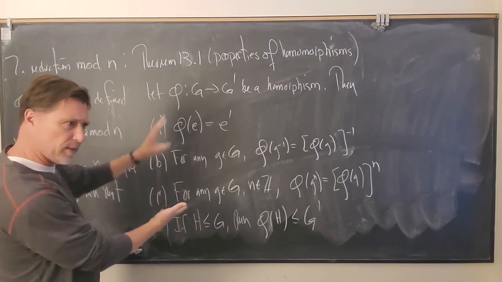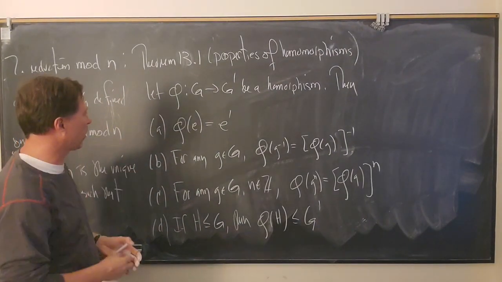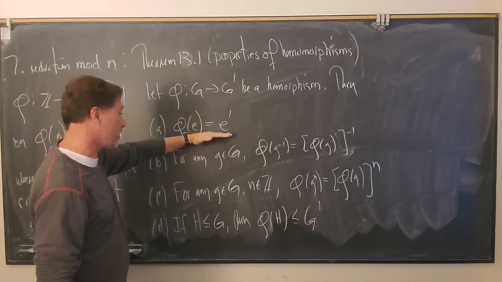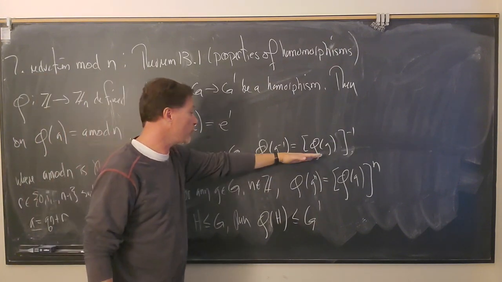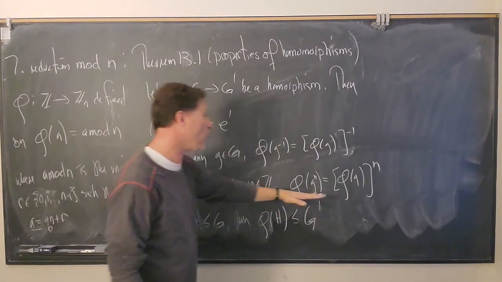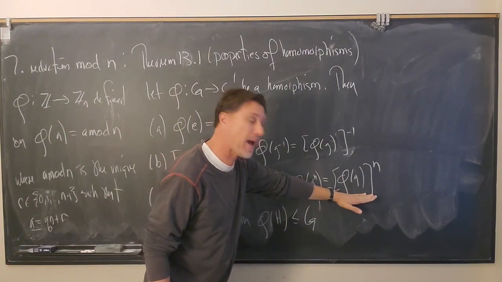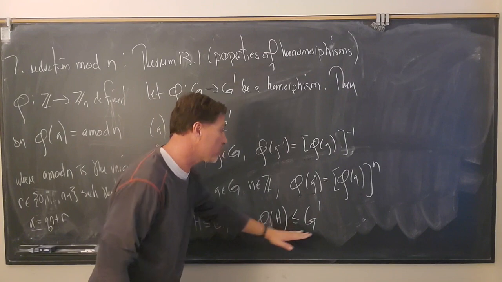I just want to put them into the homomorphism chapter as part of a theorem. So homomorphisms take identities to identities. They take inverses to inverses. They take powers to the same powers. They take subgroups to subgroups.